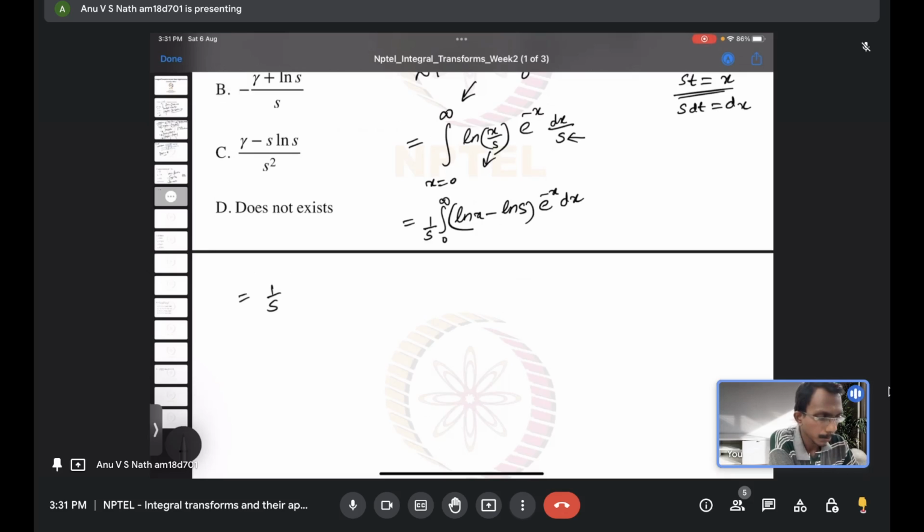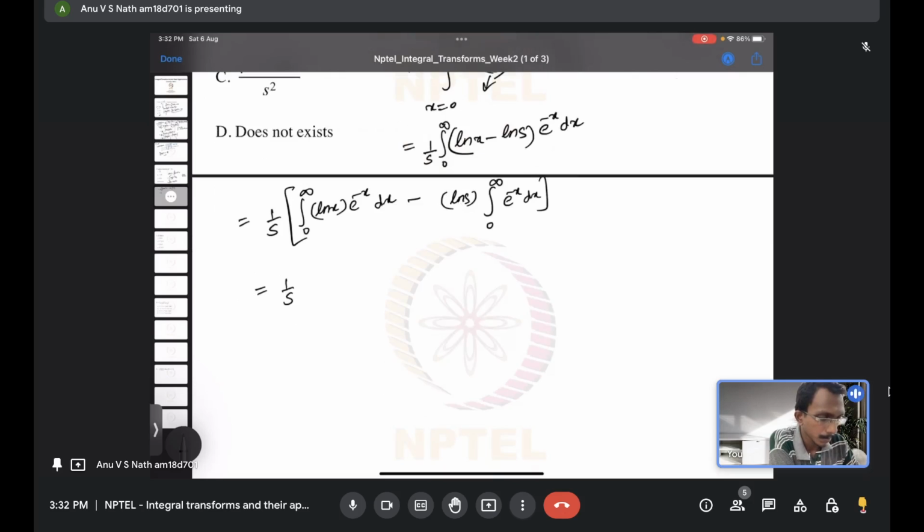Now we split the integrals separately: the first is the integral from 0 to infinity of ln x times e raised to minus x dx. The second integral has ln s, which is a constant because the integration variable is x, so I took that outside, times e raised to minus x dx.